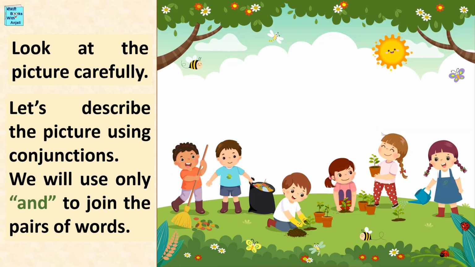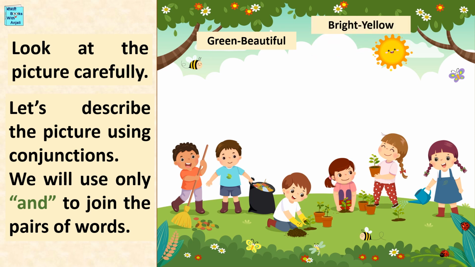We can use pairs of words like green and beautiful to describe plants, bright and yellow to describe the sun, happy and cheerful for the mood or the emotion of the children.